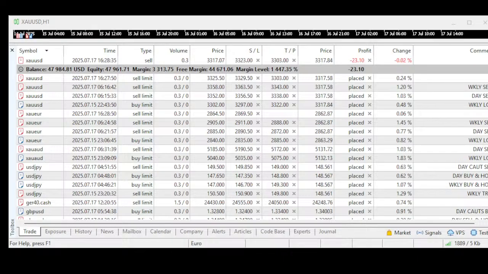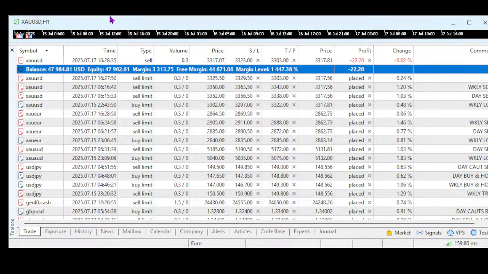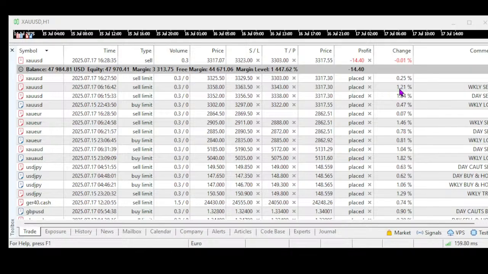Then selling at 38. Okay, let me put in this. Yeah, 38. So this one, we have another order.